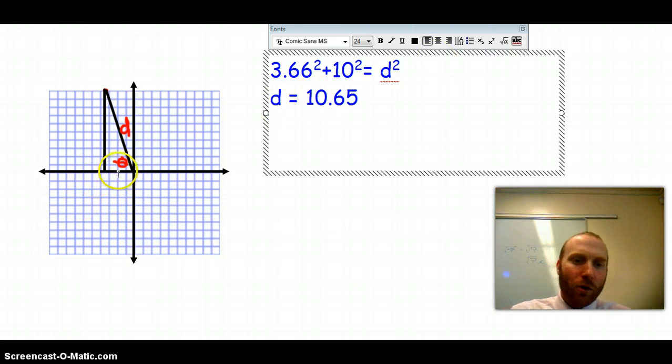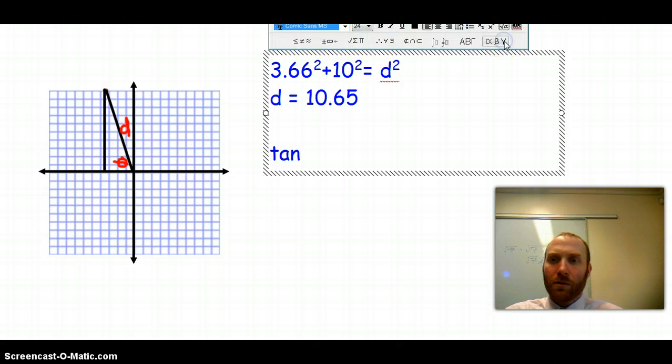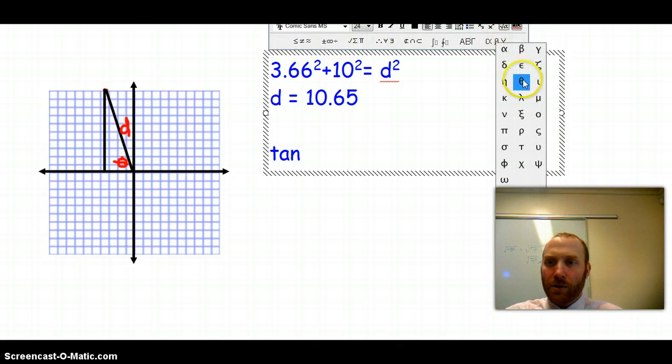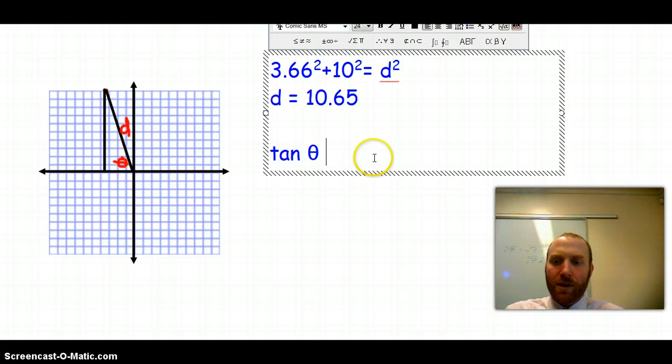In order to find the angle theta in here, this is tangent of theta. Now I don't have the symbol theta, or potentially I do. Let's look for that one in here. I do have theta, sorry. Tangent of theta is equal to opposite over adjacent. Opposite here is 10 divided by 3.66.